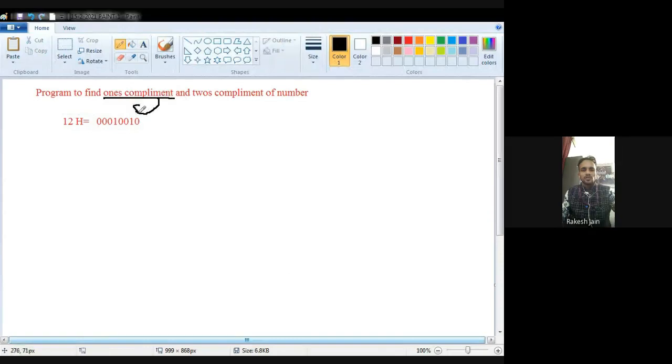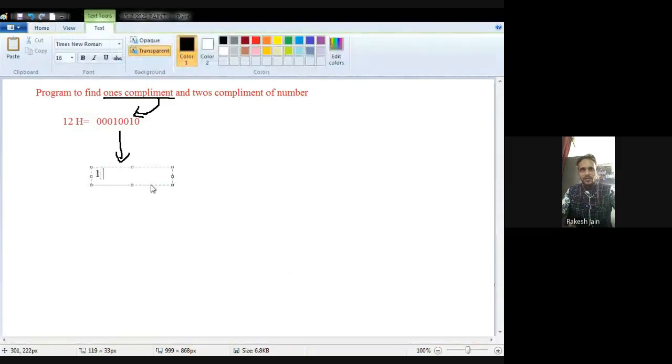For this 00010010, the first three 0s will be converted into three 1s, then 1 will be converted into 0, then two 0s will be converted into two 1s, then 1 will be converted into 0, and then 0 will be converted into 1.